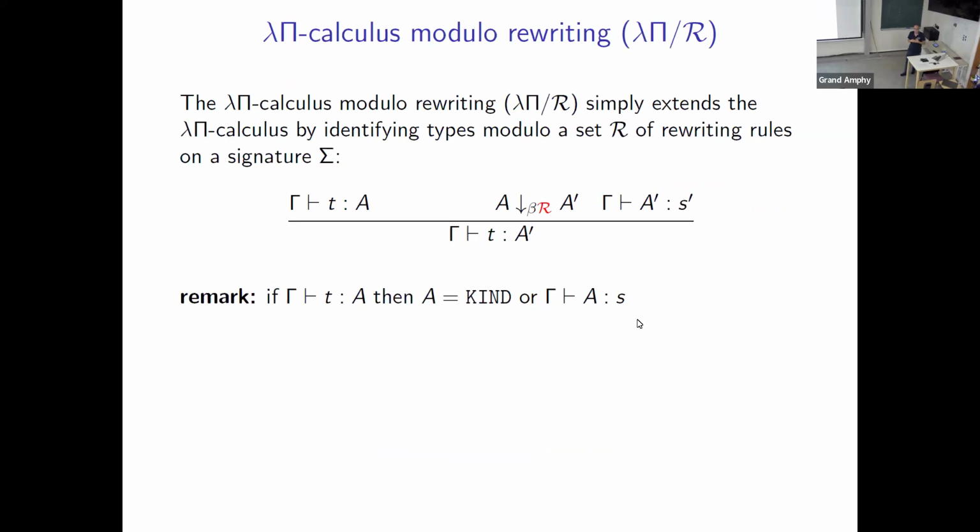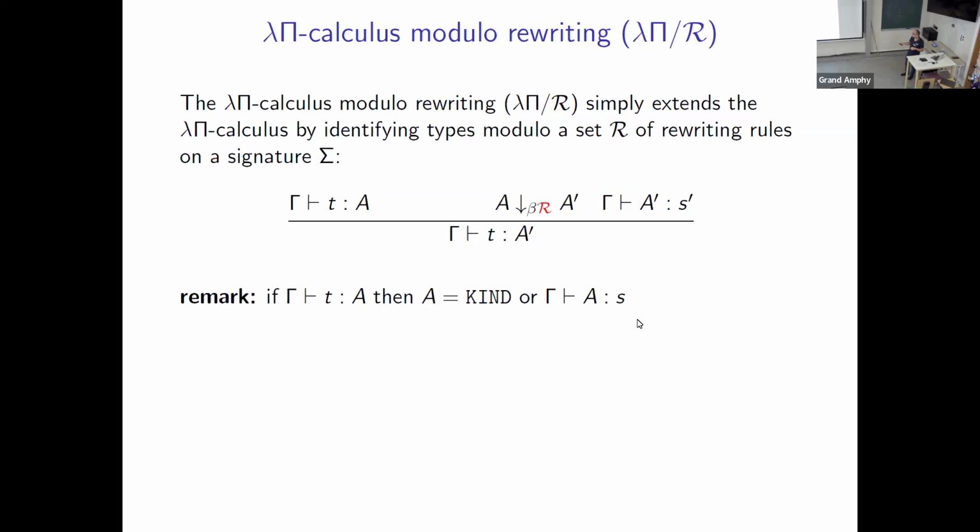Now, using this tool, we are just going to extend the lambda pi calculus by adding some rewrite rules in the type conversion.